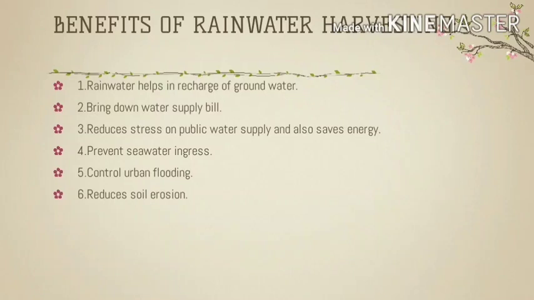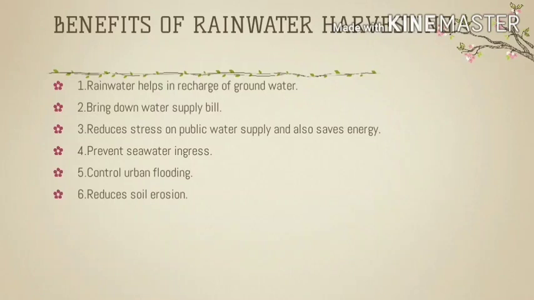The salty water will come inside the cavities that have been created, and the water that is already there will be completely destroyed because it will turn brackish. So rainwater recharge is a necessity in order to protect the underground water from turning brackish.